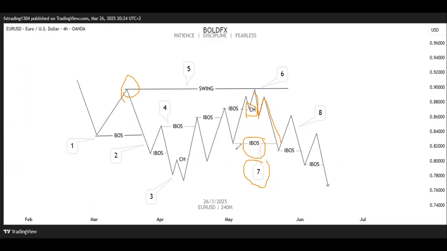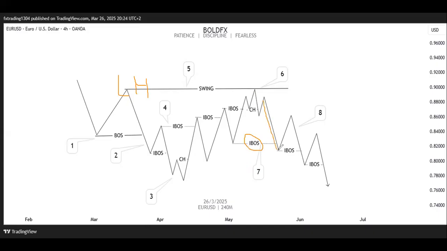Now we have full structural alignment, swing pullback now confirmed as finished. So now after this internal break of structure, you gain more confidence to say that this swing lower high is holding because of this internal break of structure.